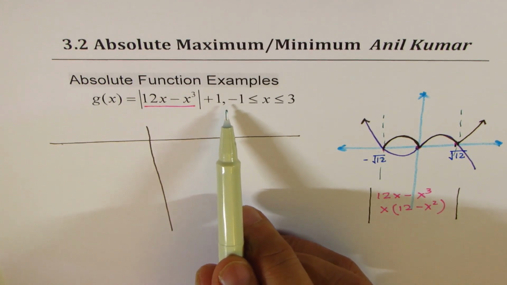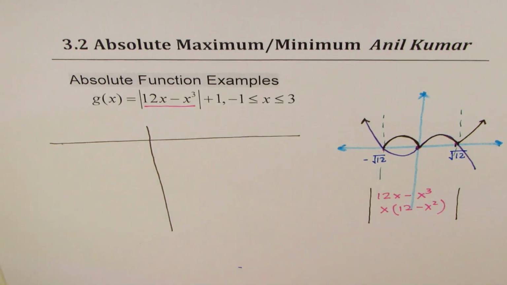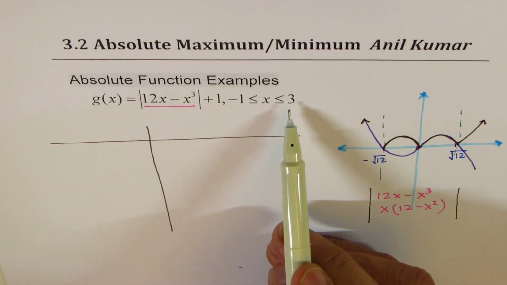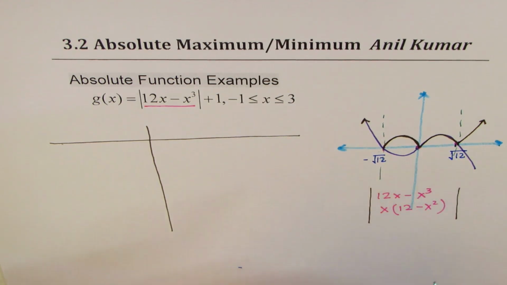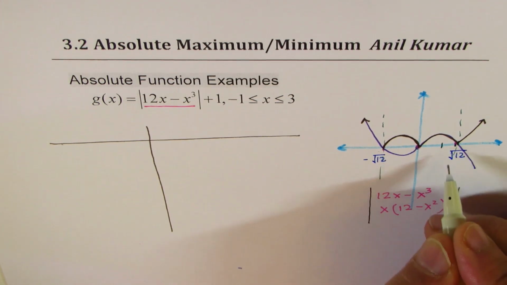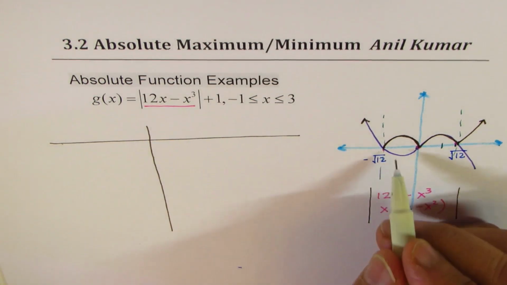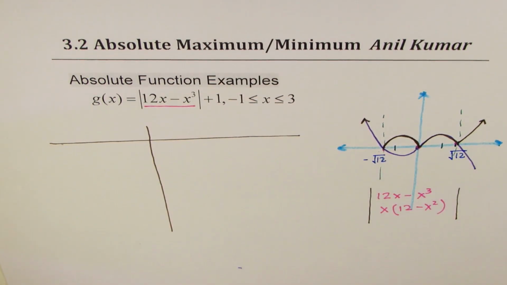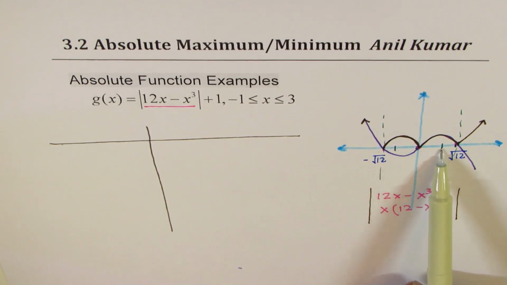Now we are given this interval minus 1 to 3, right? So we know 3 squared is 9, not 12. So 3 will be somewhere here. I'm not sure where, but it will be somewhere here. Minus 1 will be somewhere here. Is that okay?